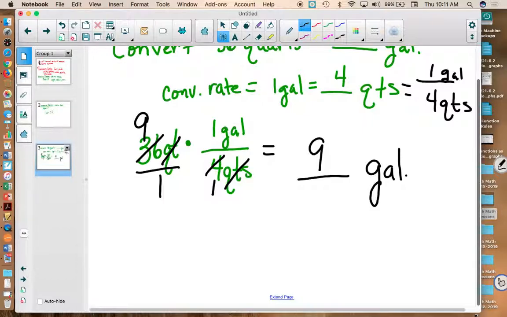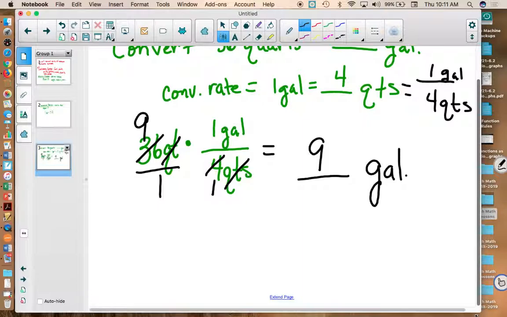Why would you do that instead of do 1 gallon equals 4 quarts? So 4 times 36. If I did 36 quarts times 4 quarts, I'm still going to have quarts, aren't I? And I'm making the 36 quarts larger by multiplying them. When you think about it, are you going from a larger measurement to a smaller measurement?